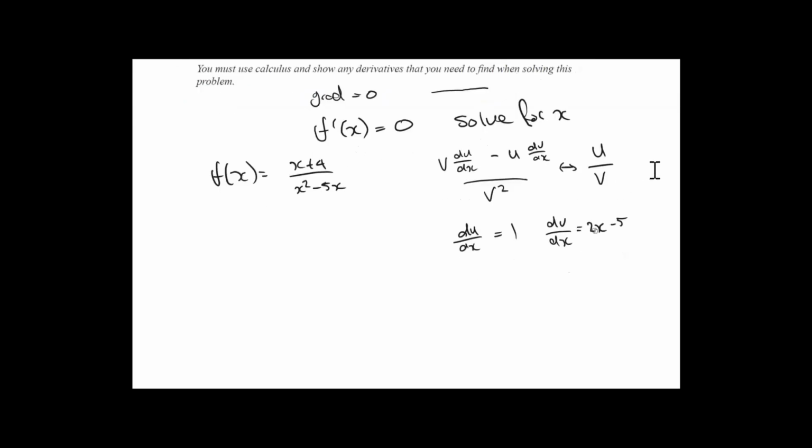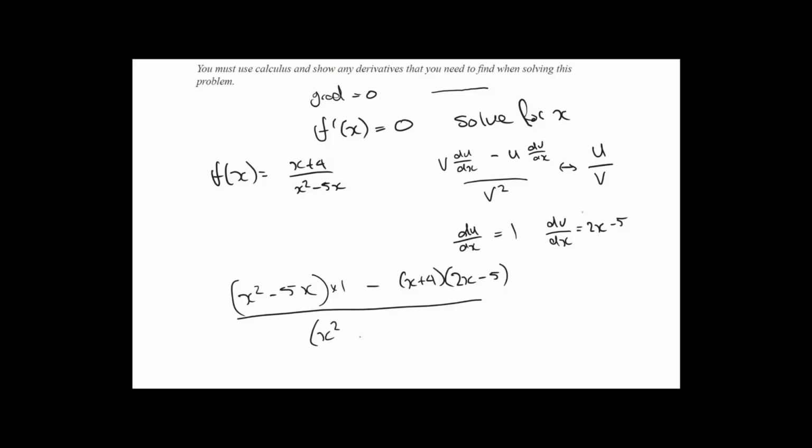All right, let's collect up these terms and put it in a form that we can use. V, x squared minus 5x, times du dx, so that's times 1, I guess, minus, and now it's u, which is x plus 4, times 2x minus 5, all over x squared minus 5x all squared, and we set that equal to 0.